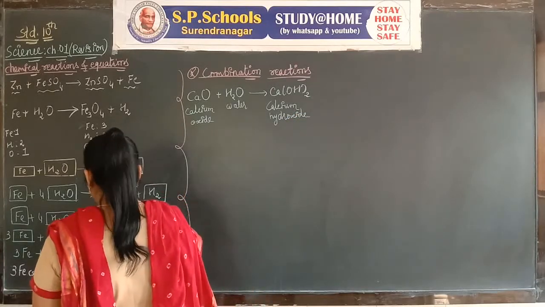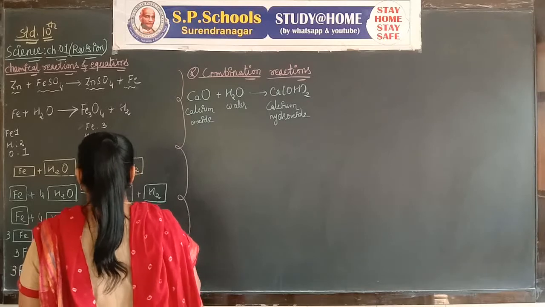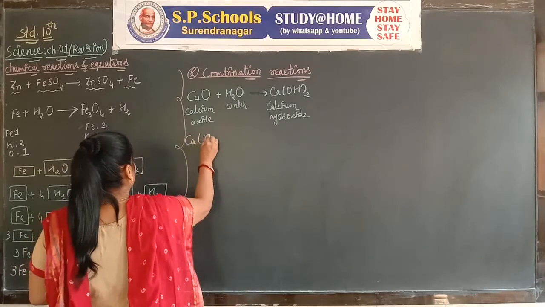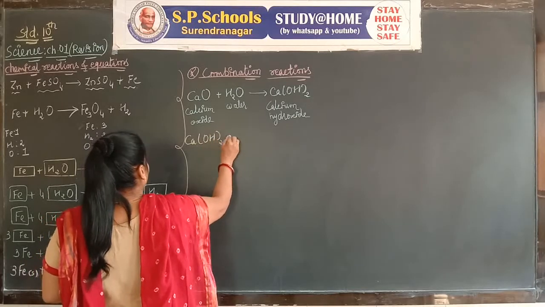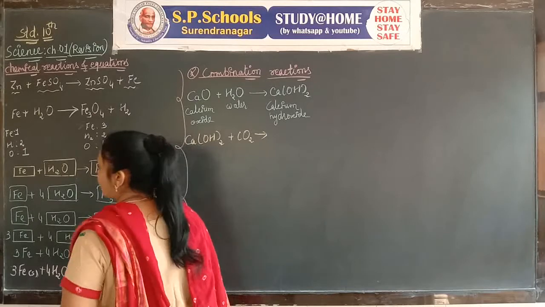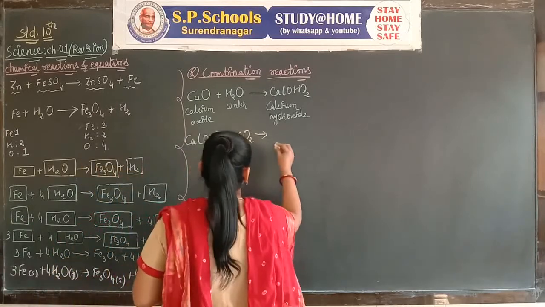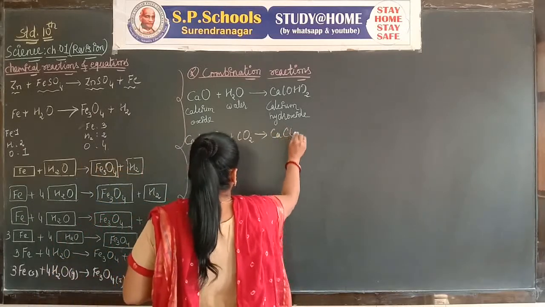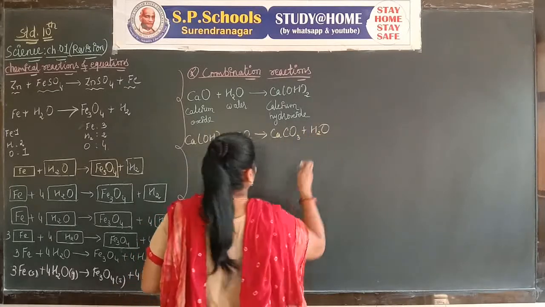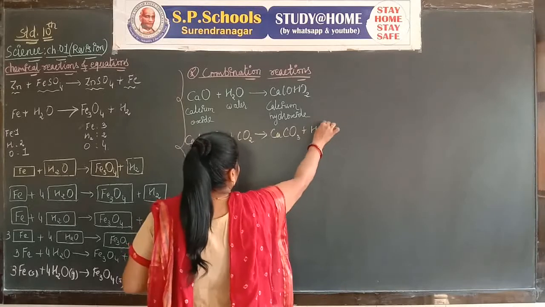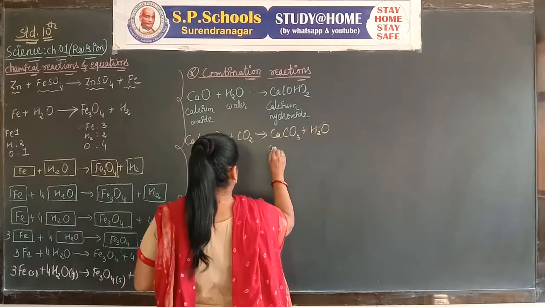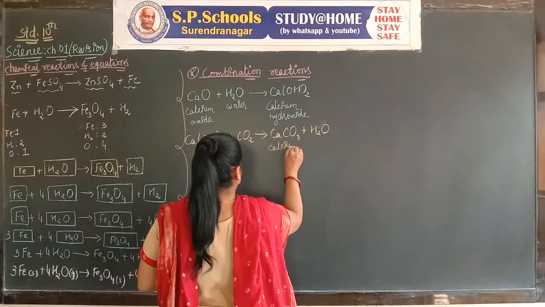When we process calcium hydroxide with the carbon dioxide which is present in the atmosphere, the formation of CaCO3 and the water molecule can occur. So this will be called calcium carbonate.